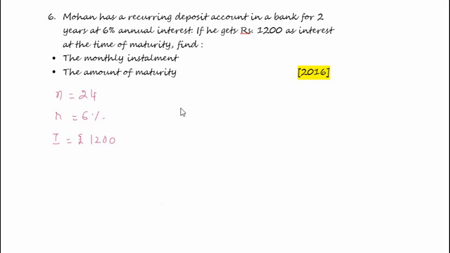So what is the formula for interest I? Interest I equal to P into n into n plus 1 divided by 2 into 12 into R divided by 100. I is given, that is 1200. We need to calculate what? The first, monthly installment, that is P. P is not known, so P we need to find out into n.